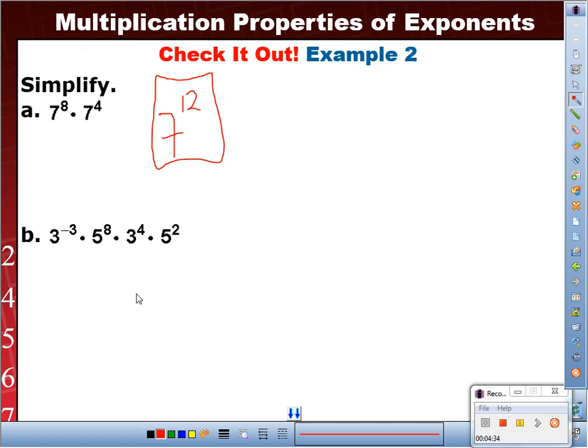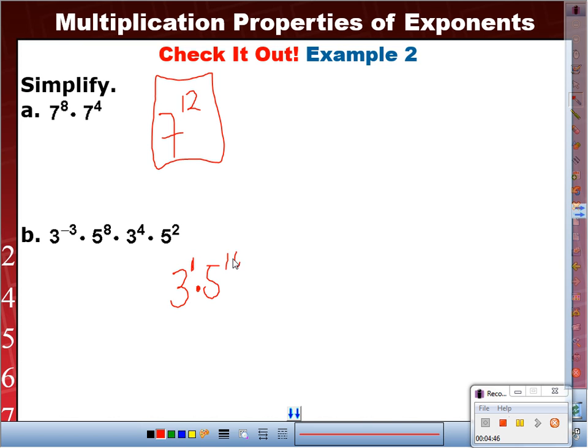Volunteer for B. Who's got B? Yes? I got 3 to the first, okay, times 5 to the 10th power. Hands up if you got that. Okay, and what properties did we use to get that? We first used the commutative: 3 to the negative 3 times 3 to the 4th times 5 to the 8th times 5 to the second.